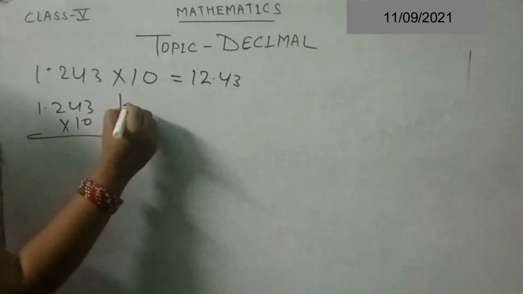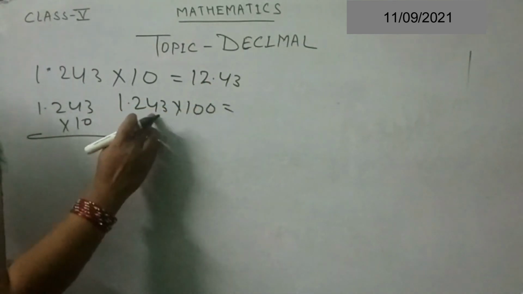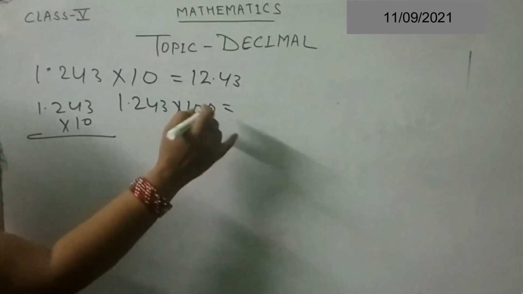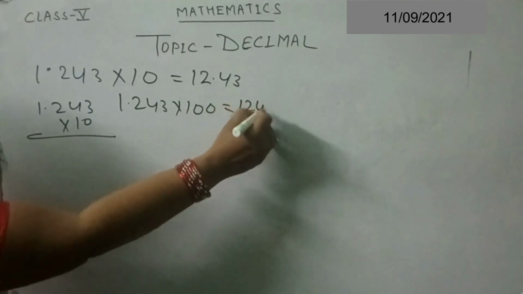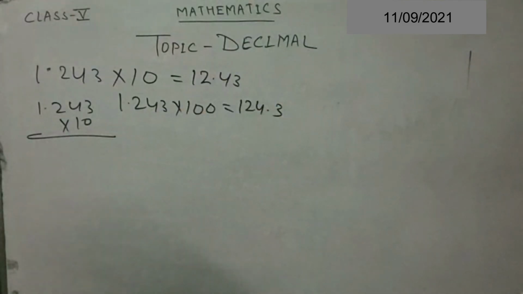If it is 1.243 multiply 100, you just move 2 digits here: 124.3. Like that we have to multiply and write the answer. So these are the ways to multiply decimal numbers.